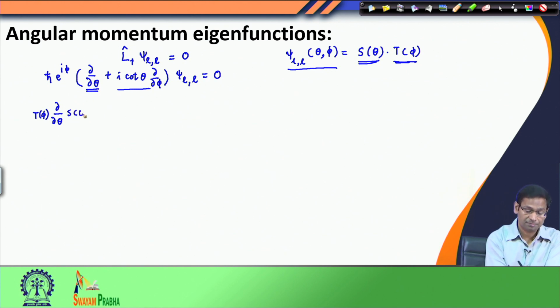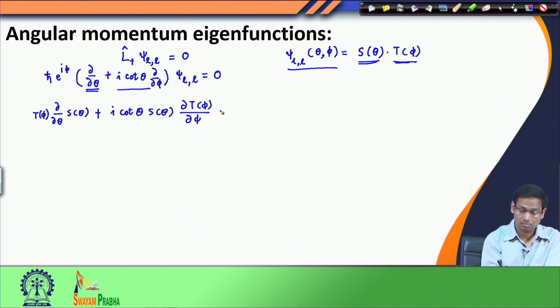So, I am left with this, and when I do the differentiation with respect to phi, the s function will come out. So, instead of writing psi, I just used this definition as s into t.